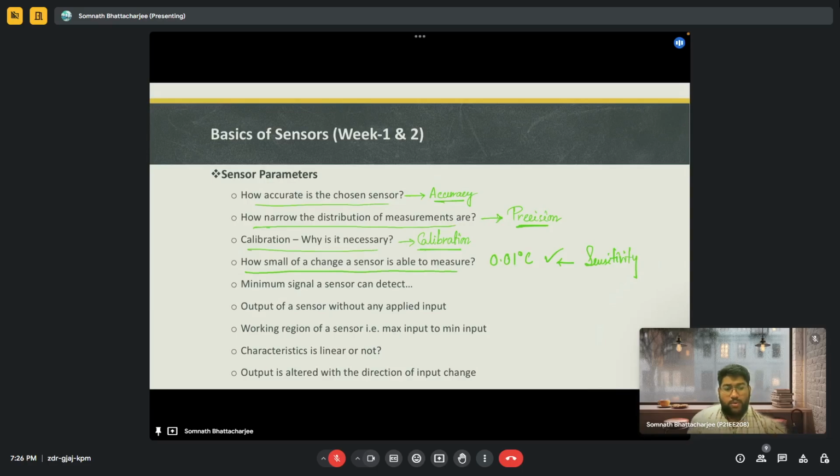While in normal cases, you can have a low sensitive sensor. Everything depends on your use case.